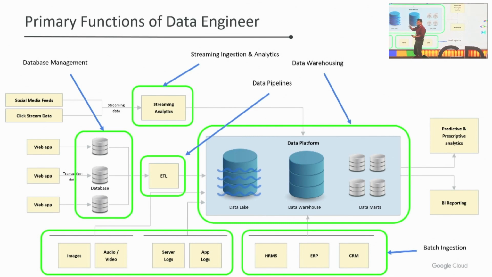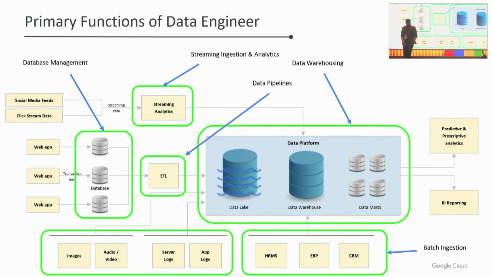Many organizations pull data from the data lake and push it into the data warehouse, so there they also create some data pipelines in between. That is also called data warehousing internally. Then ingesting all this data is called batch ingestion. And finally, the streaming function is called streaming ingestion and analytics.